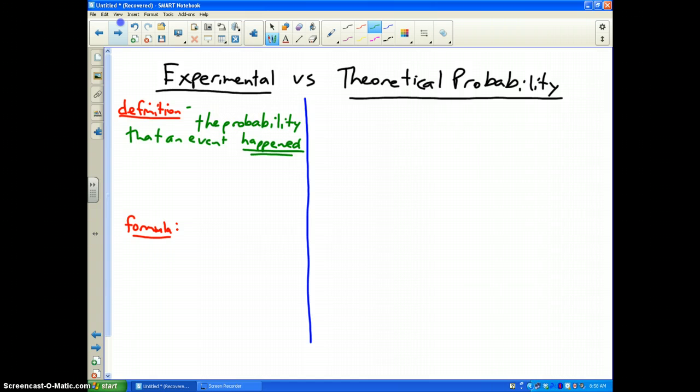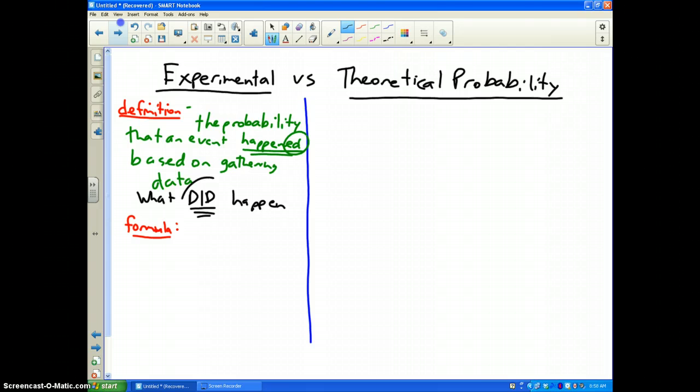The key word is happened, with ED at the end. It did happen. Based on gathering data. You're going to hear me use this phrase a lot. Experimental probability is what did happen. It did happen. That's the key word. Something that already occurred.